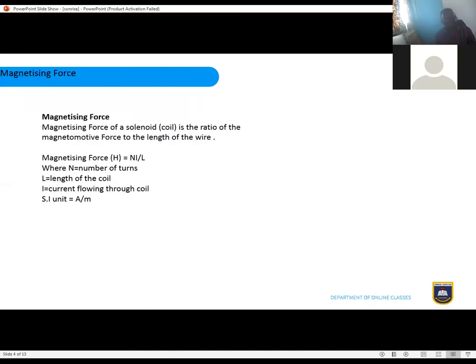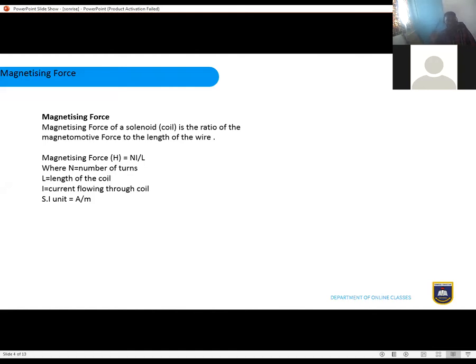So the magnetizing force of a solenoid or a coil is the ratio of the magnetomotive force to the length of the wire. If you divide the magnetomotive force by the length of the wire, you get the magnetizing force. Magnetizing force is represented by the letter H. So anytime you see H, it represents magnetizing force.